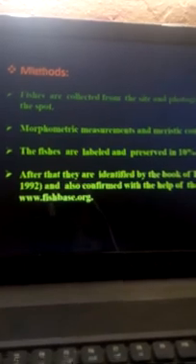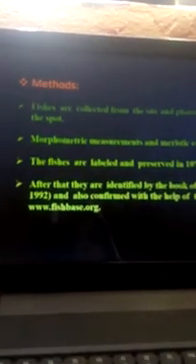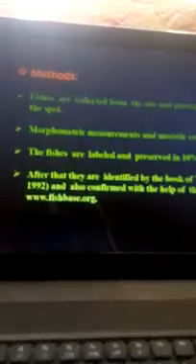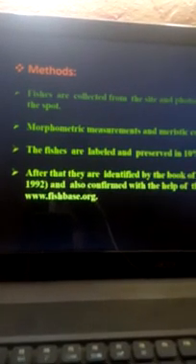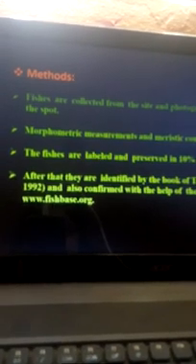If we get the correct measurements comparing to the data present in this website along with other external features and characters, then we are able to identify our fish species.